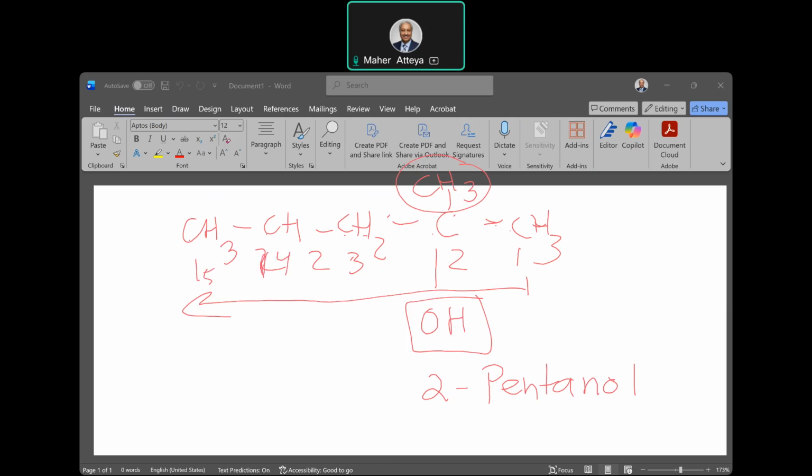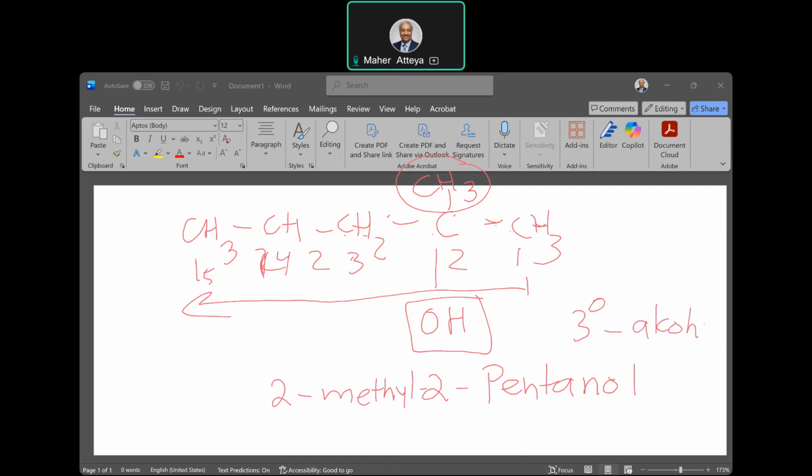So it will be number 2, 2-methyl, 2-pentanol. So that's called tertiary alcohol. Why is it tertiary?